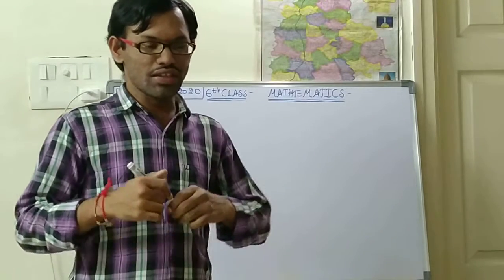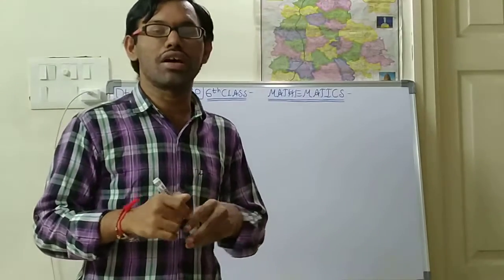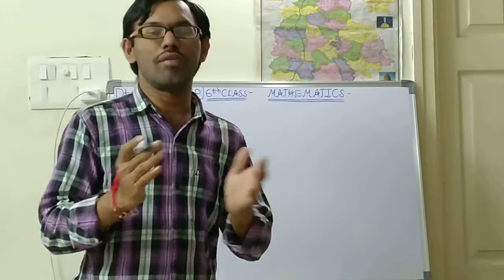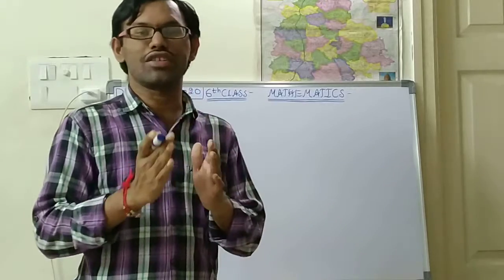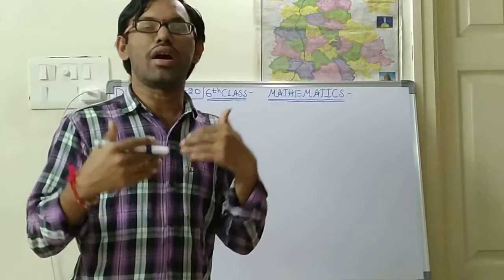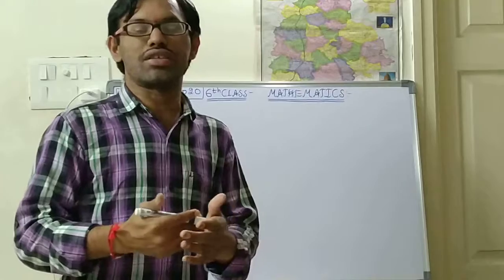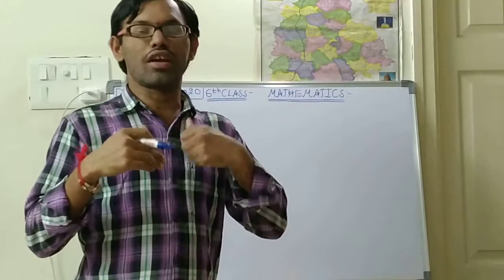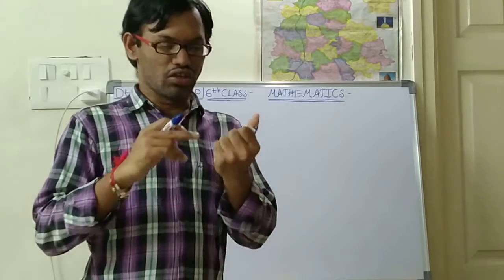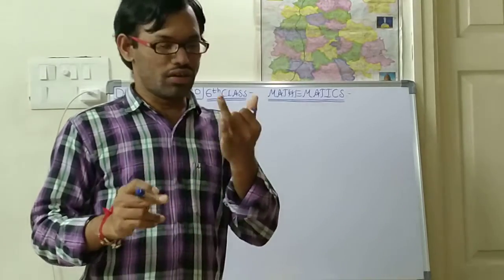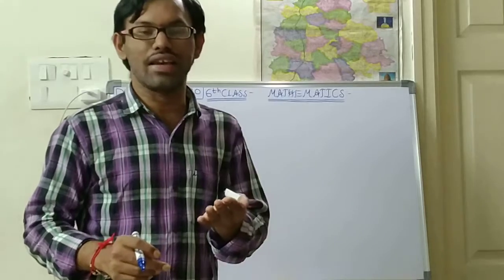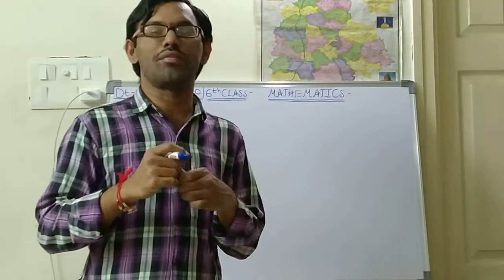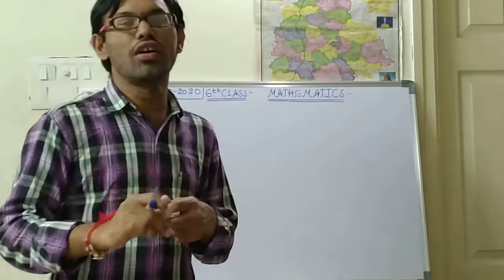So in the previous class we were discussing the patterns in the whole numbers, and how geometrical elements and shapes take part in the whole numbers. That means with the help of regular shapes of geometry, like a line, dot, triangle, rectangle, square, how those shapes are formed with the help of whole numbers.